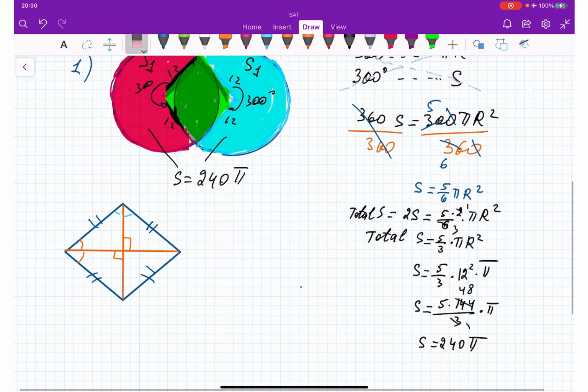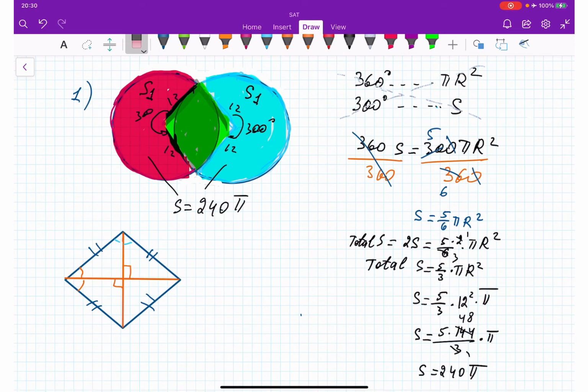Because we need to find the area of the rhombus so we can add to it the shaded area we found, right? To get the total area for the 300-degree sector and rhombus together. There are three ways to calculate the area, and let's figure out which one is going to be our choice.